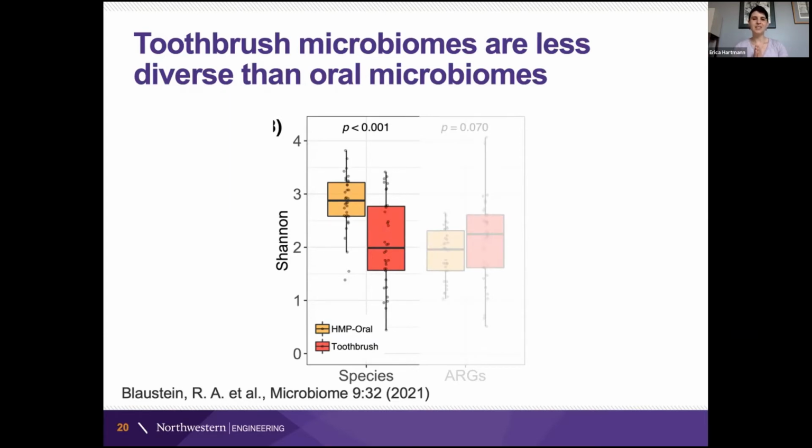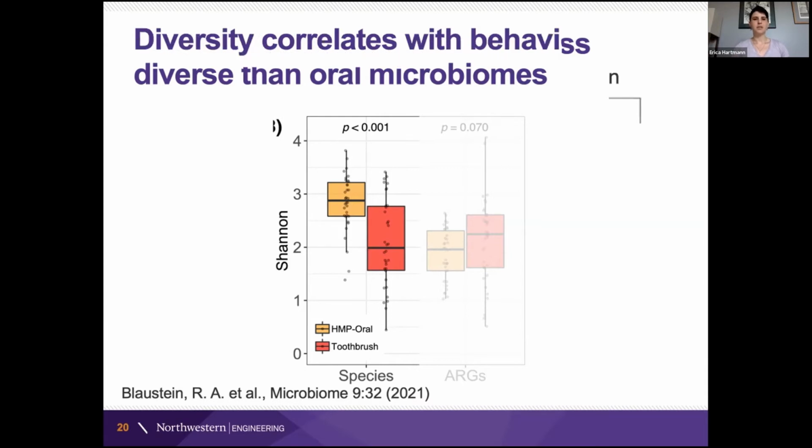We compared, again using shotgun metagenomic sequencing, the diversity of microbes on toothbrushes to the diversity that's observed in the human mouth through the Human Microbiome Project. What we saw is that the human mouth tends to be more diverse than toothbrushes when it just comes to microbial taxa.